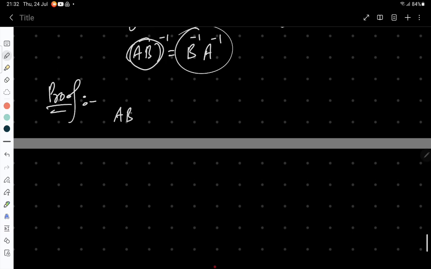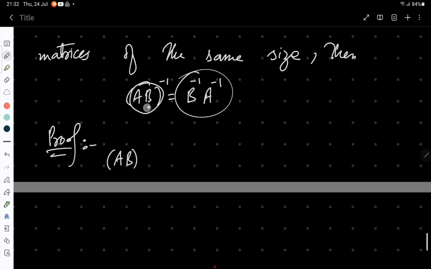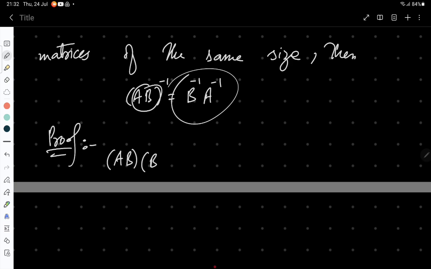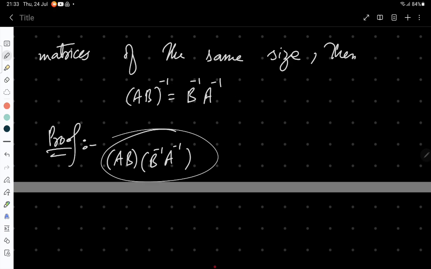If I multiply the inside AB without inverse with B inverse A inverse, I should get identity. If I am getting identity, that means these both elements are inverses of each other. So if they are inverses of each other, that means this is true, and this is what we have to prove.